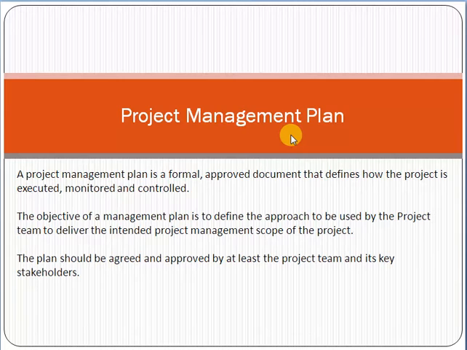Friend, a project is a temporary activity which has a beginning and an ending point, and it gives you a unique output. For example, you are implementing an e-commerce solution for a customer, and you say you will deliver it within 4 months. You will start in the month of July, and in the month of October you will deliver it.